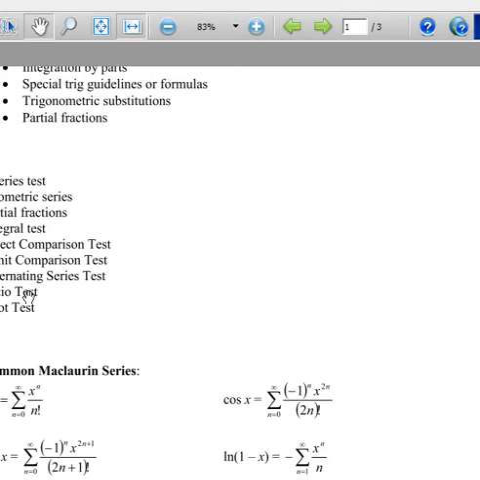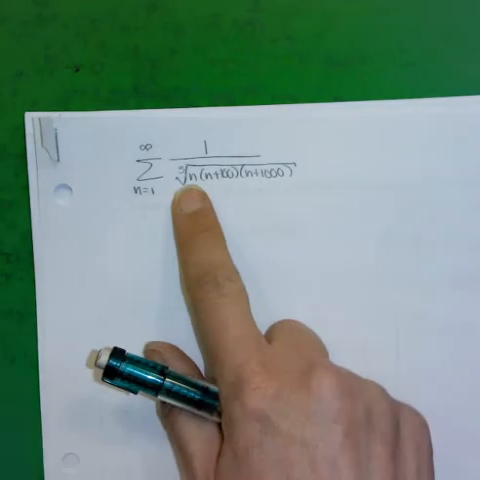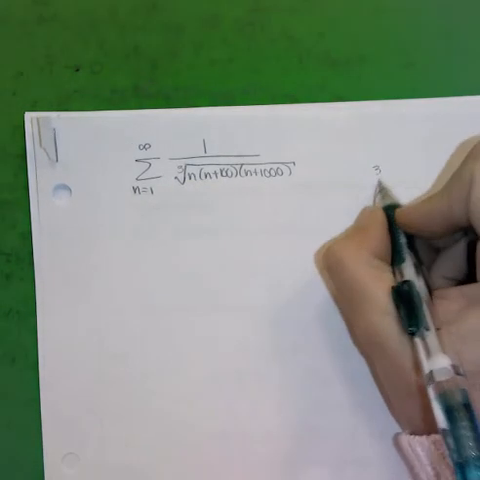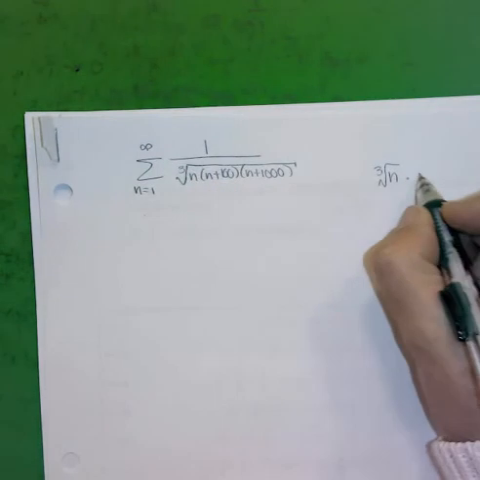So now we're looking at direct comparison. You might not necessarily just automatically know that looking at it, but you could split this into 3 different cube roots, right? So you could think of it as the cube root of n, the cube root of n plus 100 times the cube root of n plus 1,000.